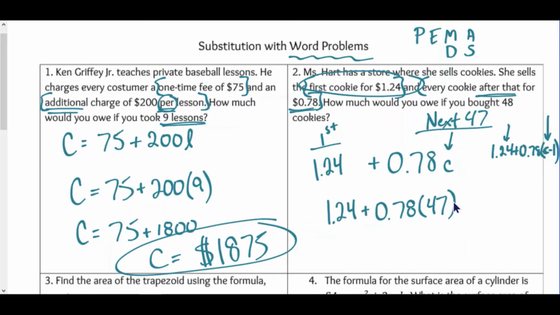Really, we can just use the logic of the next 47 as our replacement value. So $1.24 plus $36.66. And that gives us a final cost of $37.90.